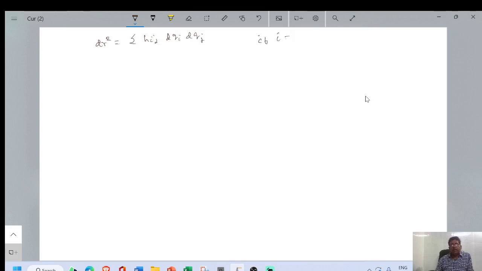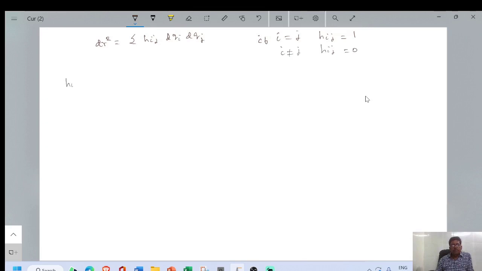If i equal to j, hij equal to 1. This is the condition. If i not equal to j, hij equal to 0.